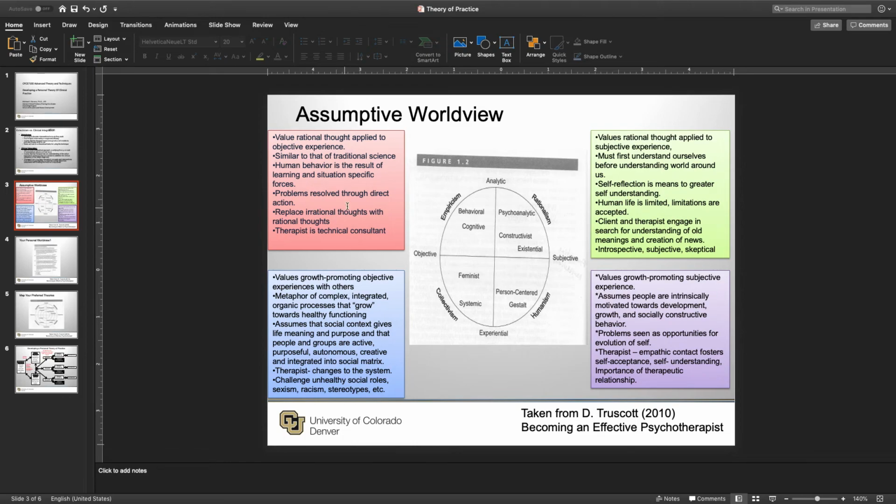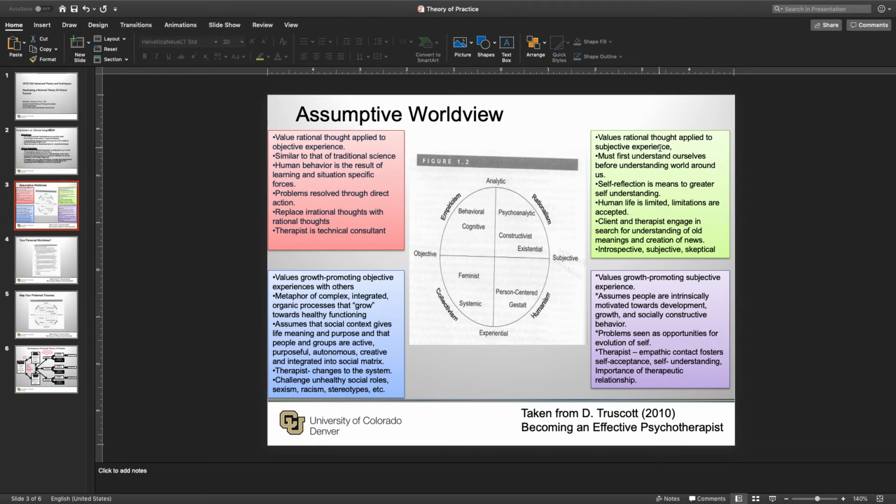And so I would not challenge you, but ask you to take a look at this issue of assessment, this issue of analytics, to say rational versus irrational, healthy versus unhealthy, functional versus dysfunctional, as opposed to the other side, rationalism, which values rational thought applied to subjective experience.